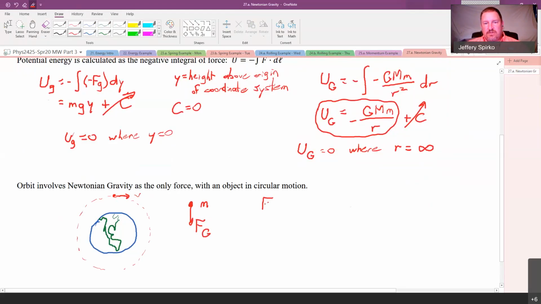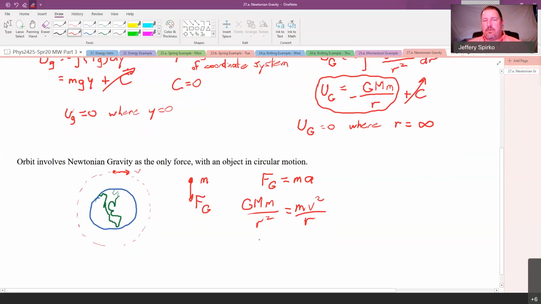So then we can say the force of gravity is equal to ma, and we can take the magnitude of both sides and end up saying that G M m over r squared is equal to mv squared over r. And that's basically what we do for most Newtonian gravity orbit analyses.